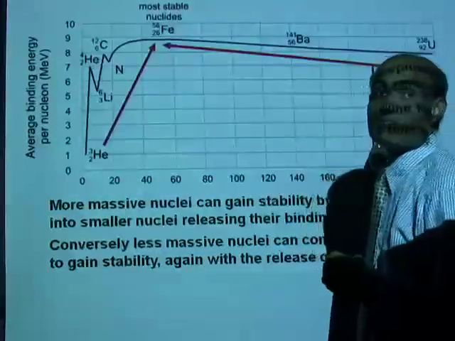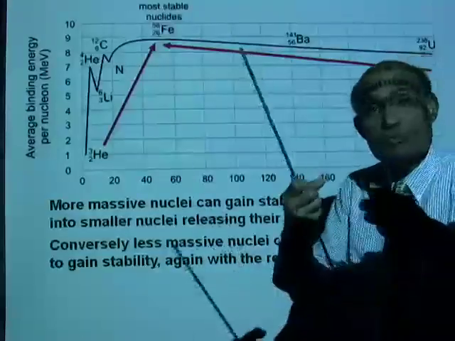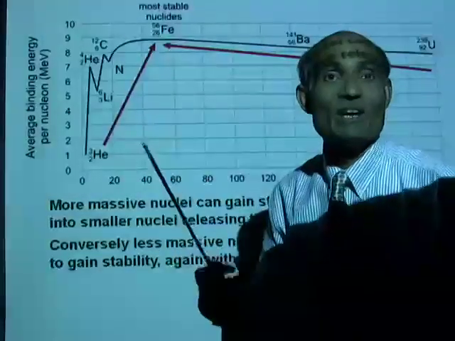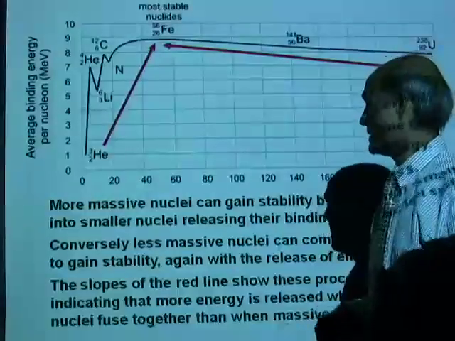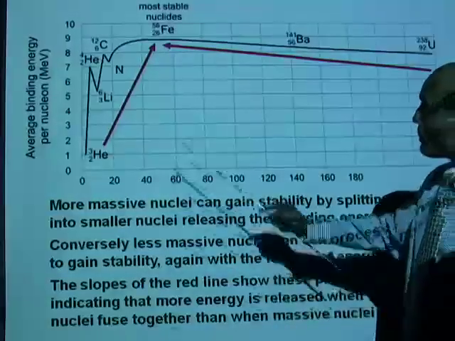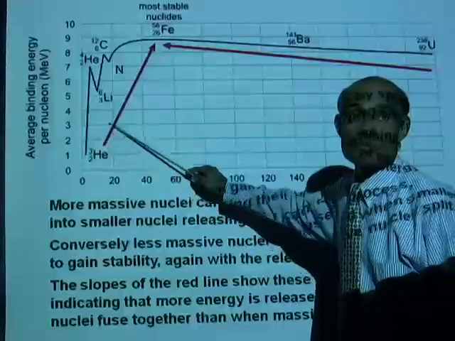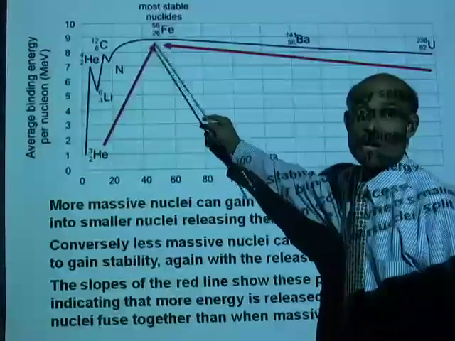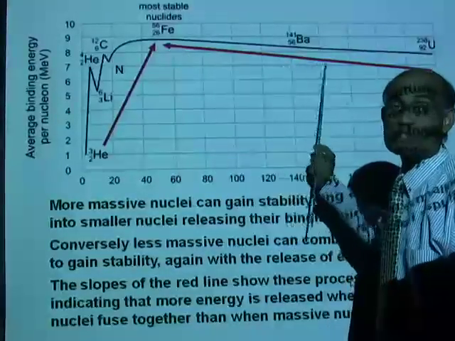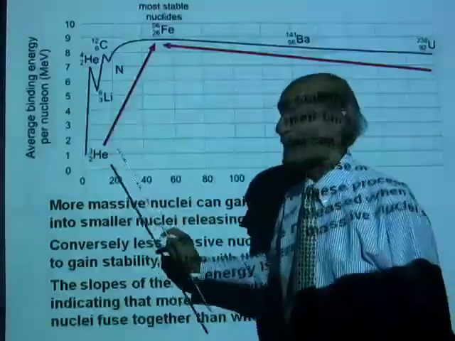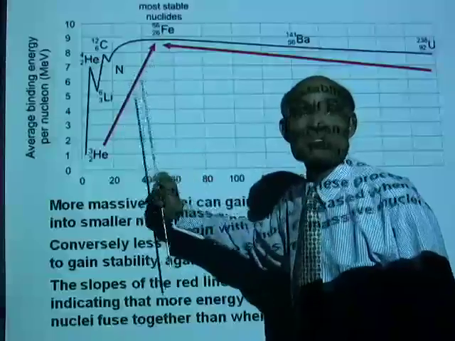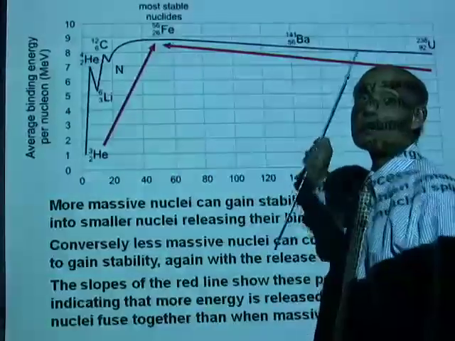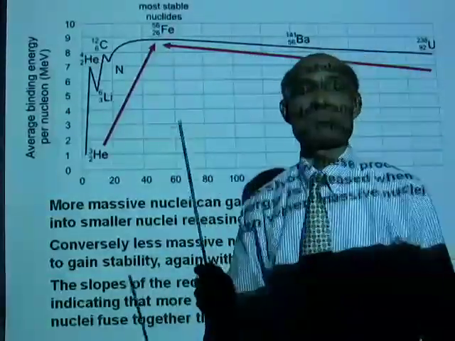When very heavy nuclei on the right split into smaller pieces, again the binding energy is converted to energy. If you look at these two lines, the slope of this line is much larger than the slope of this line. What that means is the energy released during the fusion process is much greater than the energy released during the fission process.